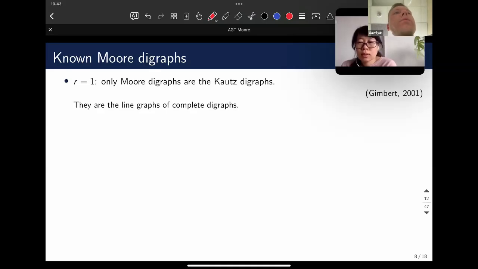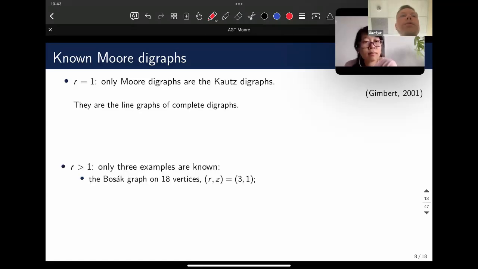So for r equal to 1, the only Moore digraphs are the so-called Kautz digraphs, which are the line graphs of complete digraphs. So this is a kind of trivial case. And then for r greater than 1, we have only 3 examples known.